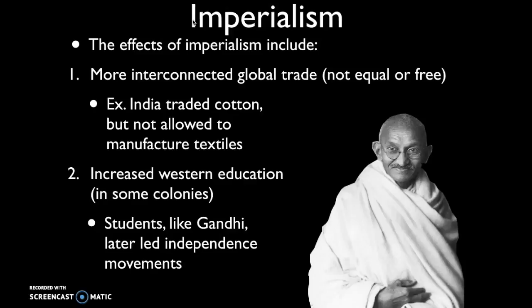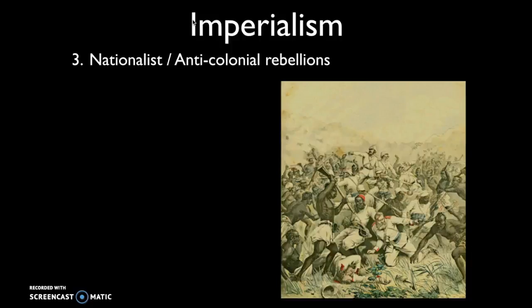For example, leaders like Gandhi, Ho Chi Minh in Vietnam, or Nelson Mandela in South Africa, all of these people who were educated would later turn around and recognize the injustice of their situation, and in period 6 they are going to lead anti-colonial movements, which is another long-term effect of imperialism.